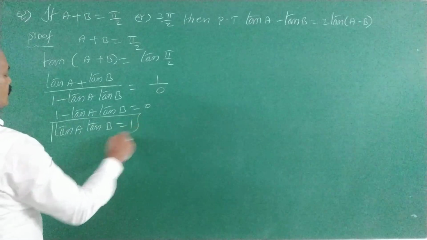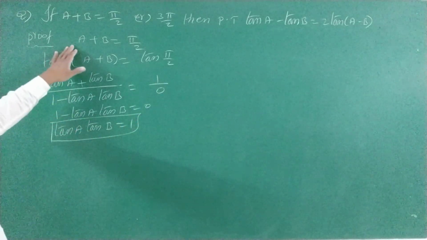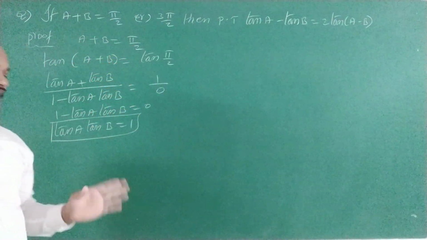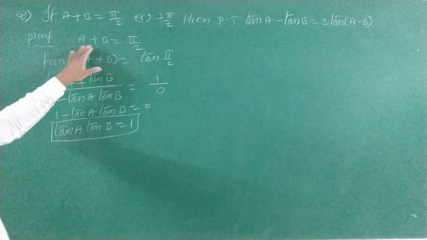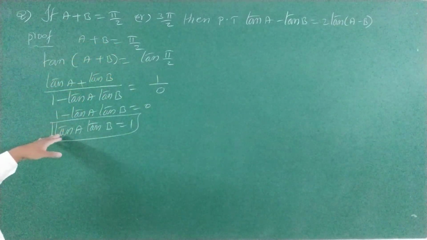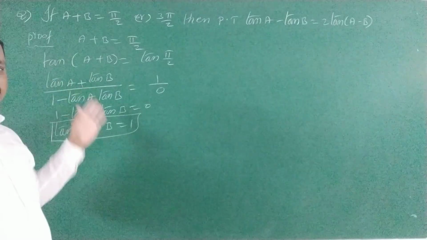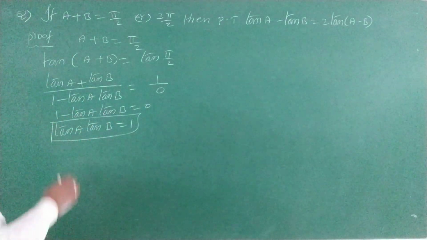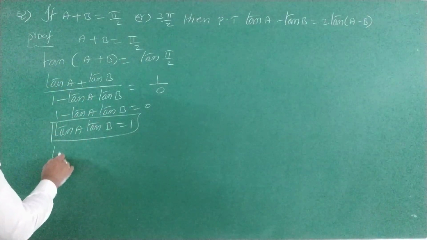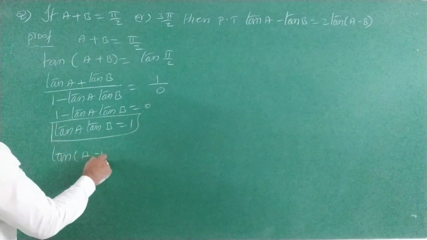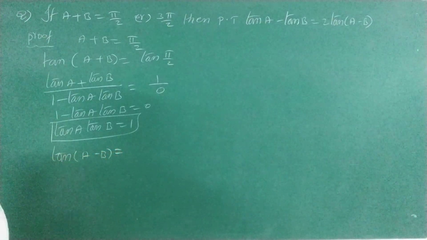So actually there is no need to prove it like this. If A plus B is equal to pi by 2, we know that tan A tan B is 1, since A and B are complementary angles. Like that we have to write this. Now to find tan(A minus B), what is the formula for tan(A minus B)?